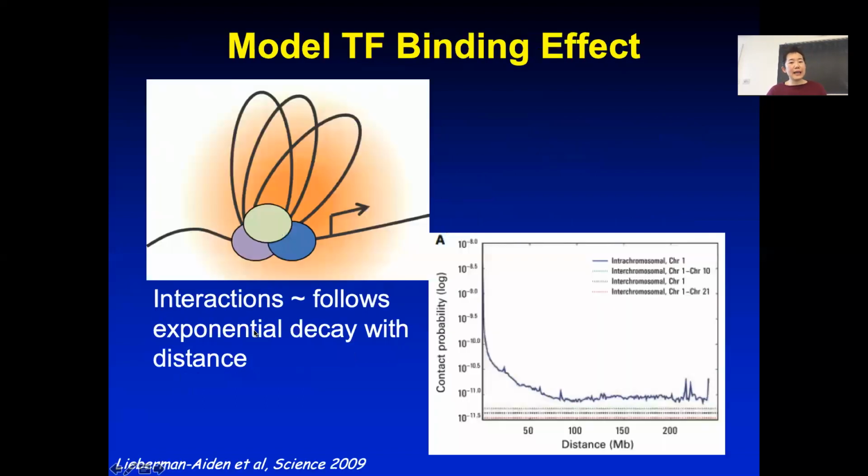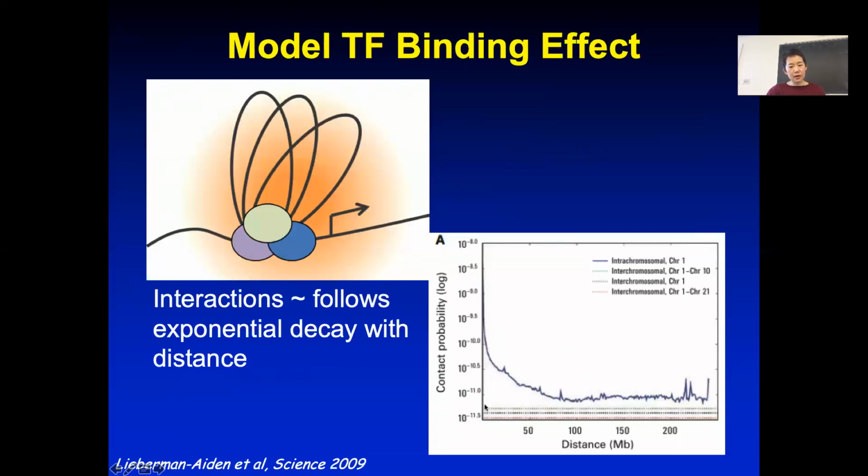To model the TF binding target, people have found that in general, if you have a gene like this, there could be many bindings nearby that can loop to the gene, forming higher-order chromatin loops. We'll have one lecture specifically for this. If you look at how much chromatin can loop, you can see there is an exponential decay.